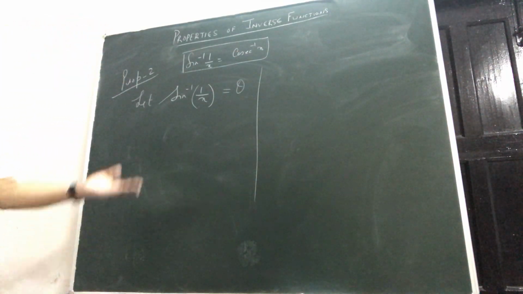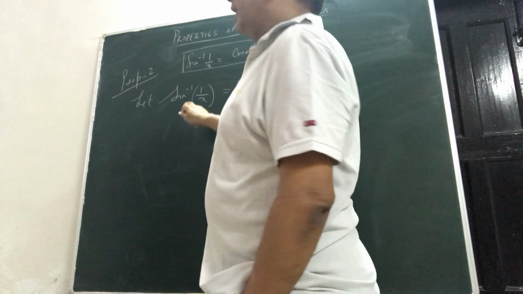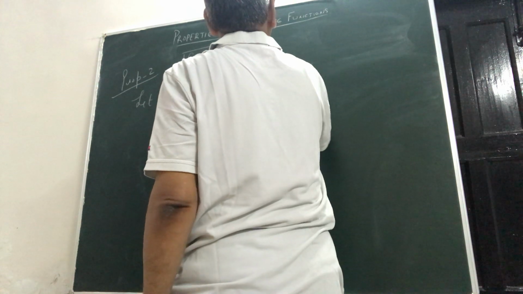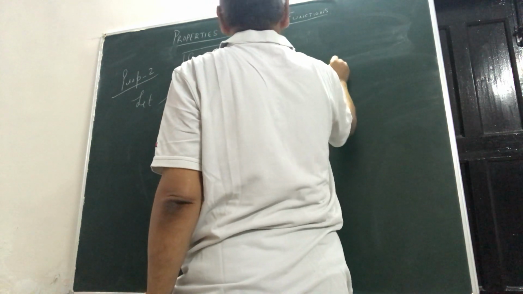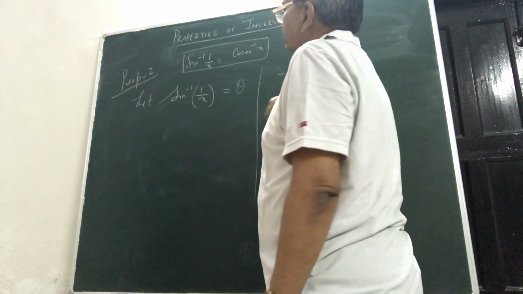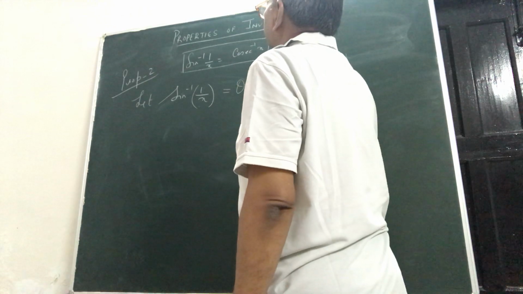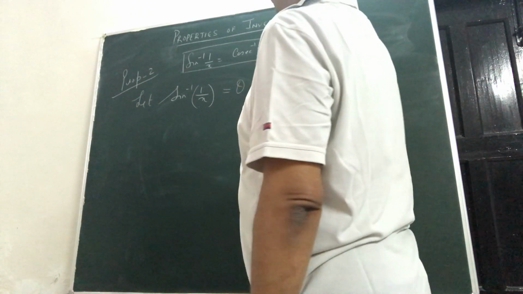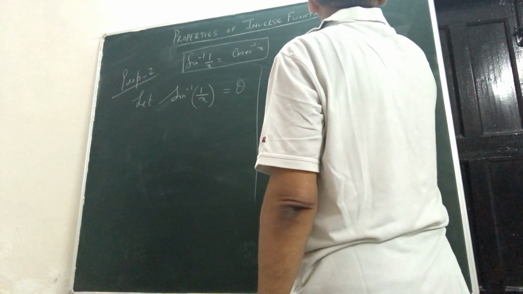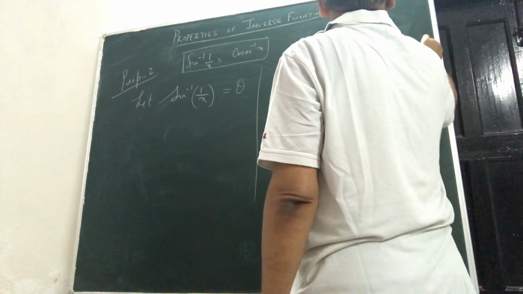Then as usual, 1 upon x will lie here. Mod of 1 by x will be between minus 1 and plus 1. And theta will be between minus pi by 2 and pi by 2.